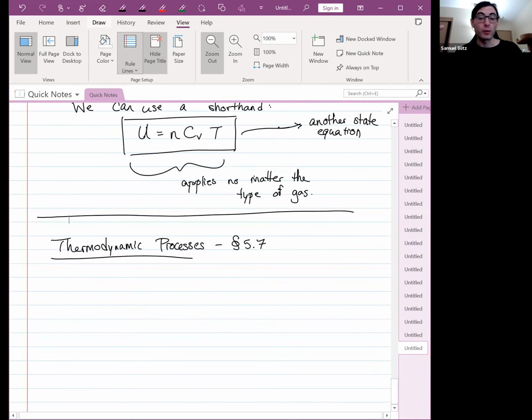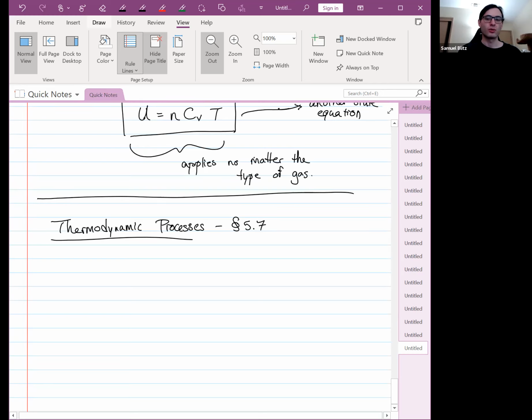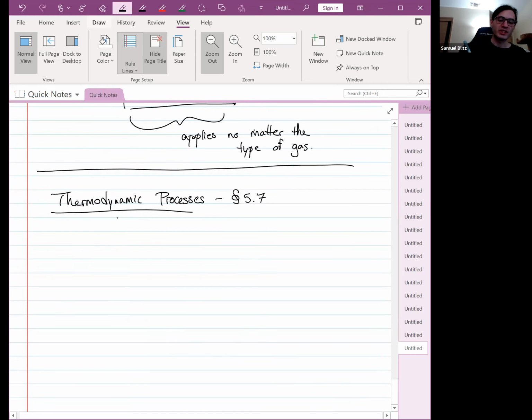So going forward, we're basically only going to focus on ideal gases, just because non-ideal gases are a lot more complicated. So we can ask the question, what happens when our state changes? Well, when the state changes, that means the system is undergoing a thermodynamic process.